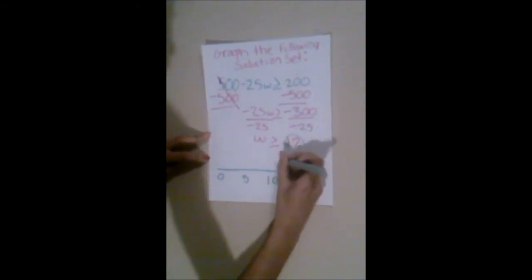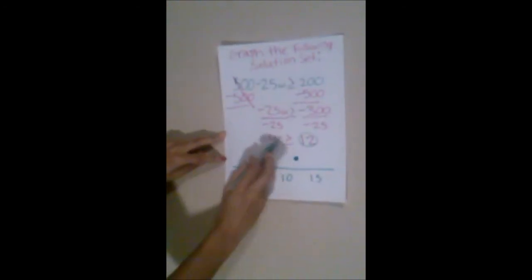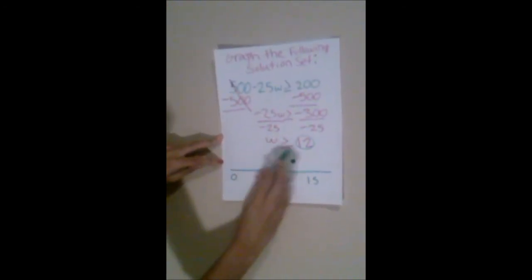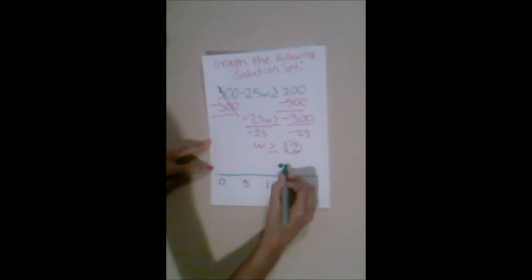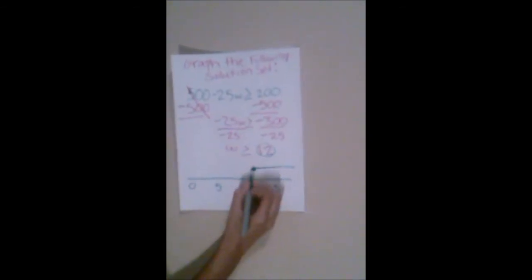Because this is a greater than or equal to sign, you're including the number 12. So go to 12, and since it's included, we draw a closed circle. Since w is greater than 12, we extend our line towards 15 to show that any solution that is 12 or greater than 12 will satisfy.